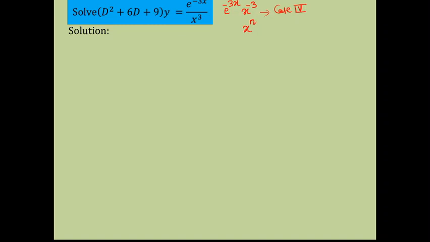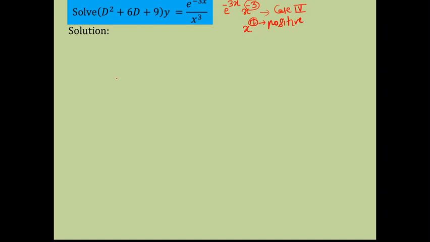If we take the function as x raised to n, this n must be a positive integer. It should not be other than that. Though you can put this in the form x raised to n, we do not find this n as a positive integer. That's why case number 4 is not applicable. So this problem is only solvable by the general method. This one has to remember.